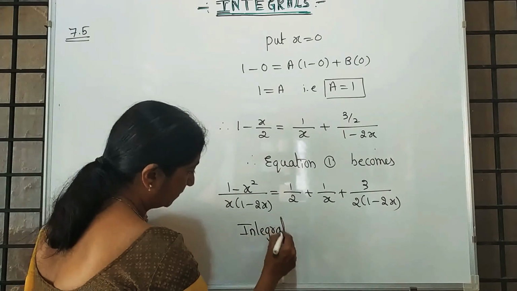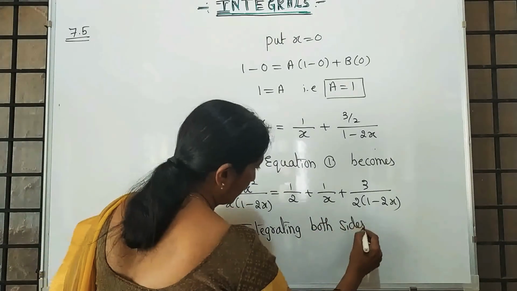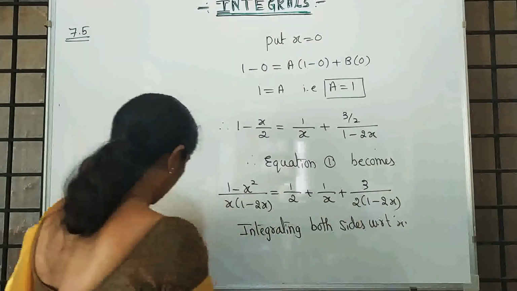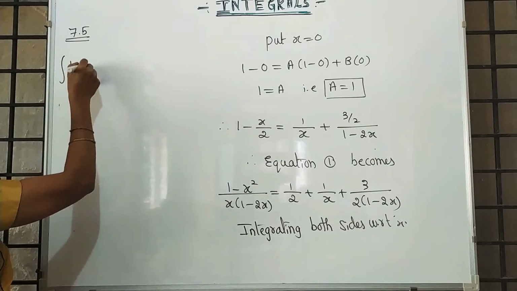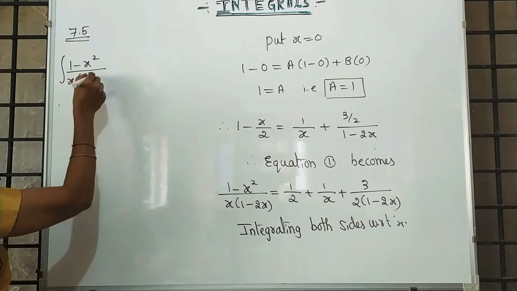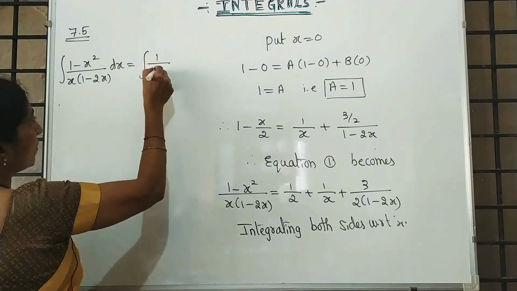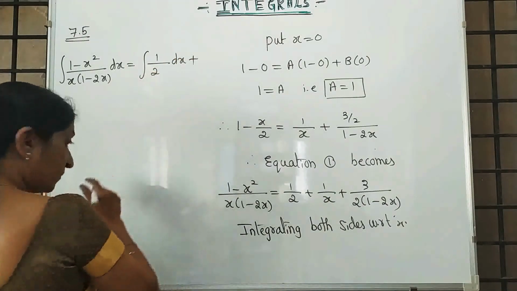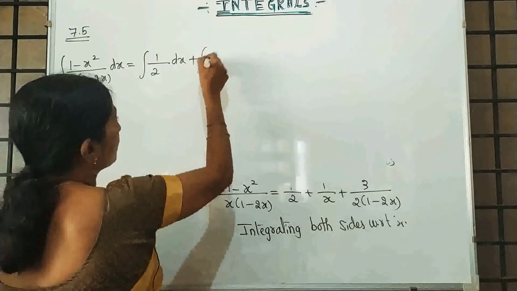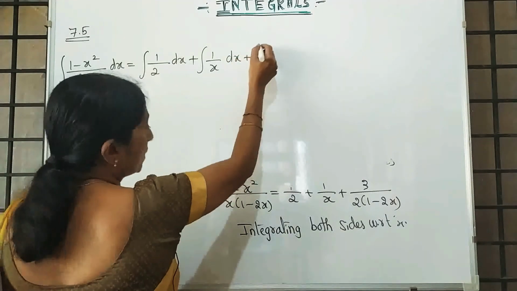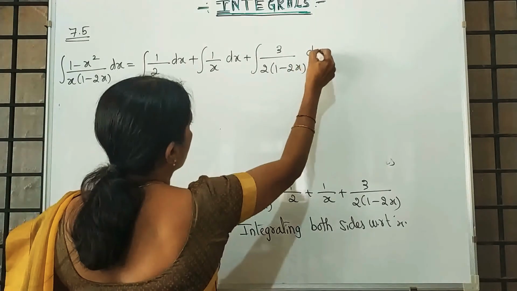Integrating both the sides with respect to x. Integration of 1 minus x square upon x into 1 minus 2x dx is equal to integration of 1 by 2 dx plus integration of 1 by x plus integration of 3 by 2 into 1 minus 2x dx.